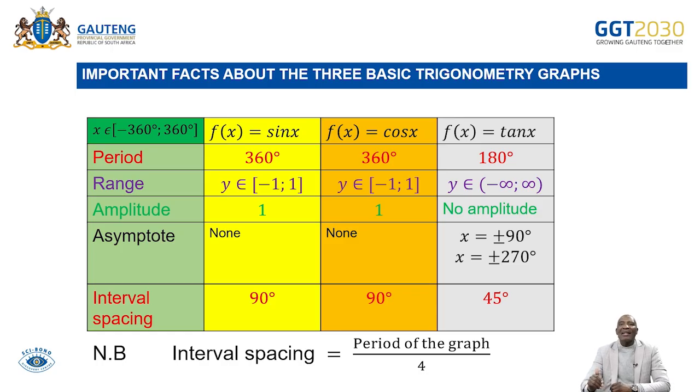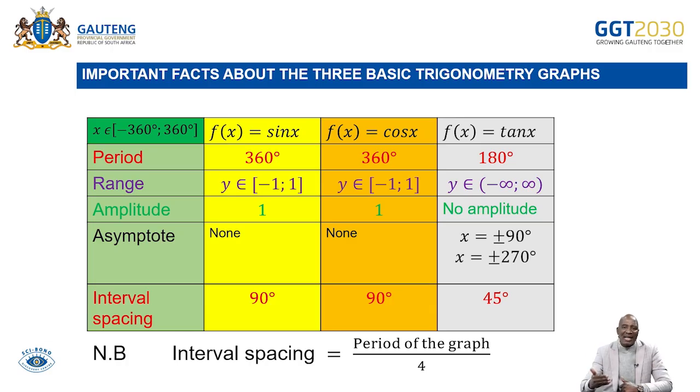For tan, my period is 180. We saw the lines of asymptotes appear after every 180 degrees, or the wave appears after every 180 degrees. Then divide that by 4, you will get 45 degrees. That's why I spaced out my angles in the tangent graph using 45. It's a very, very important formula, especially if the graph paper has not been designed for you.